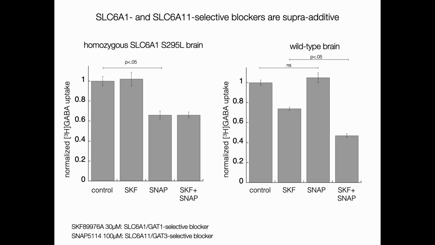But what's odd is that if we add SKF and SNAP together, there's a super additive effect. At first this really puzzled us. We thought that probably SLC6A11 was upregulated in these mutant animals, compensating for the loss of SLC6A1.